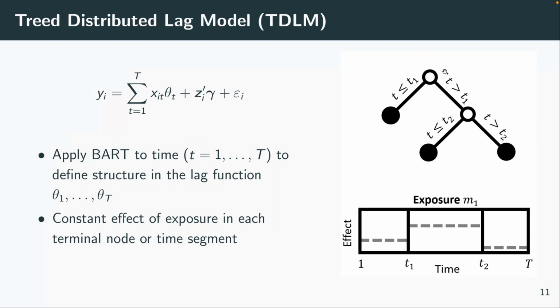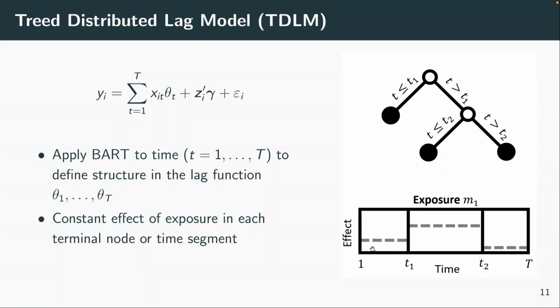So here's a little example. We have a really simple tree. It divides up time based on two breakpoints, T1 and T2, and so we've divided our time span up into these three segments. Then this gray line represents the linear effect of exposure for all time points in here.